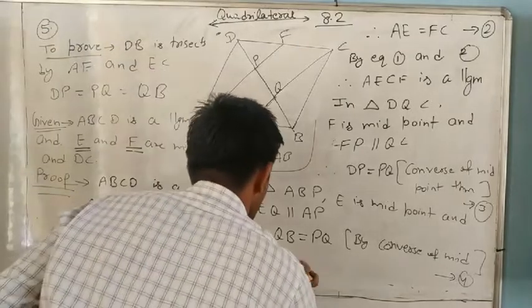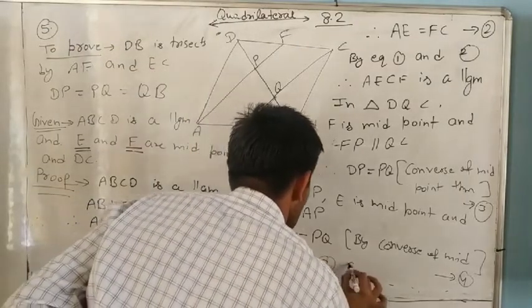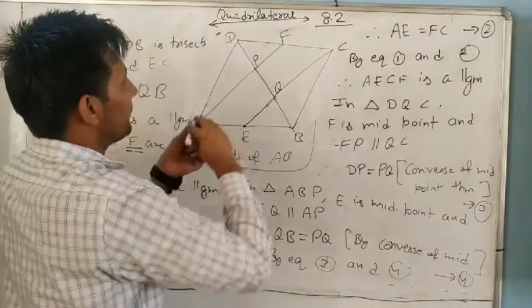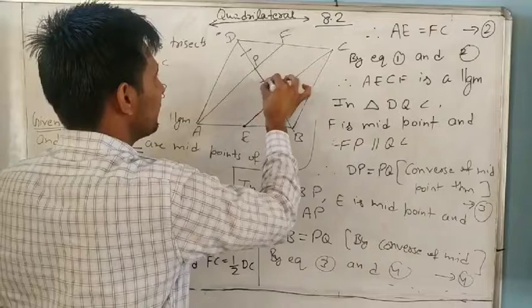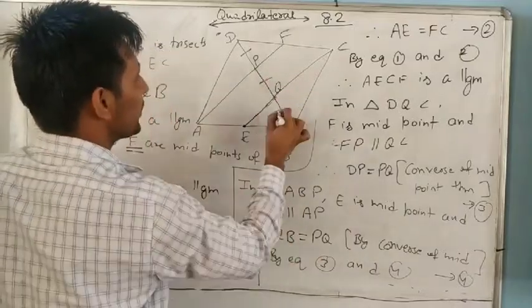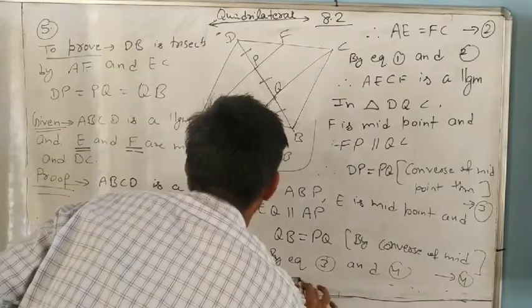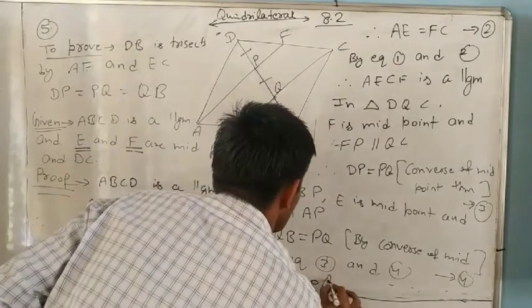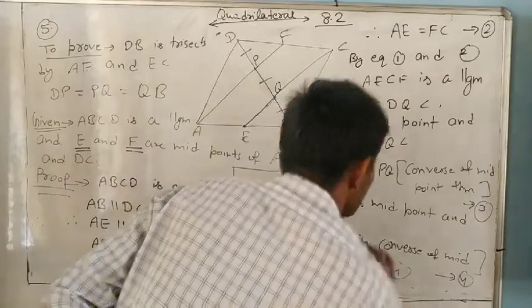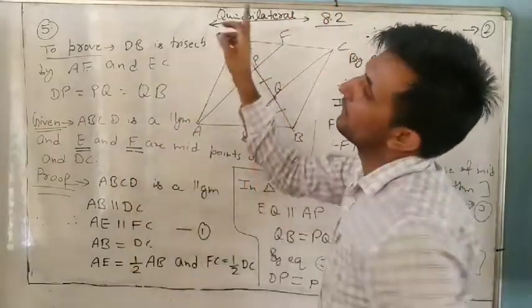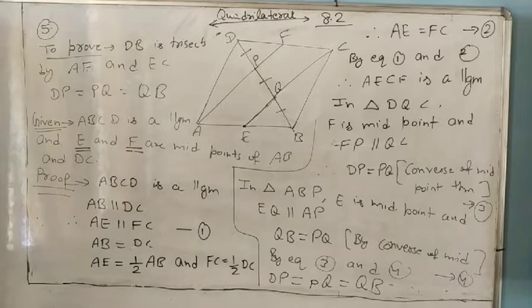In 3, DP equals PQ and PQ equals QB, so all three are equal. So it is trisected. Therefore DP equals PQ equals QB. It means these two line segments divide the diagonal BD into three equal parts.